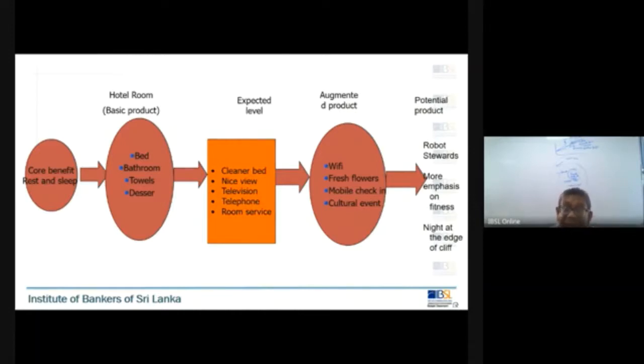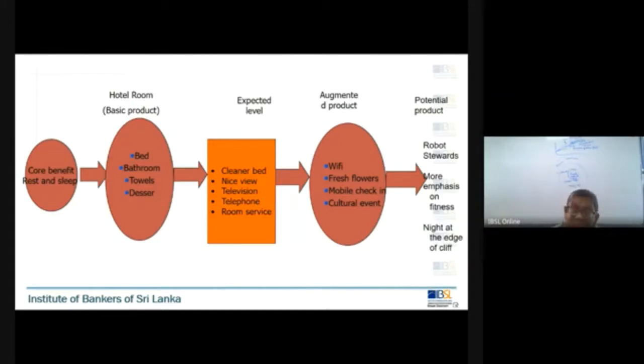After some time, augmented becomes expected. If you keep on adding new things to the layer, it is going to be augmented. Everybody is trying to augment the layer, add value to your product. That is what you call augment.